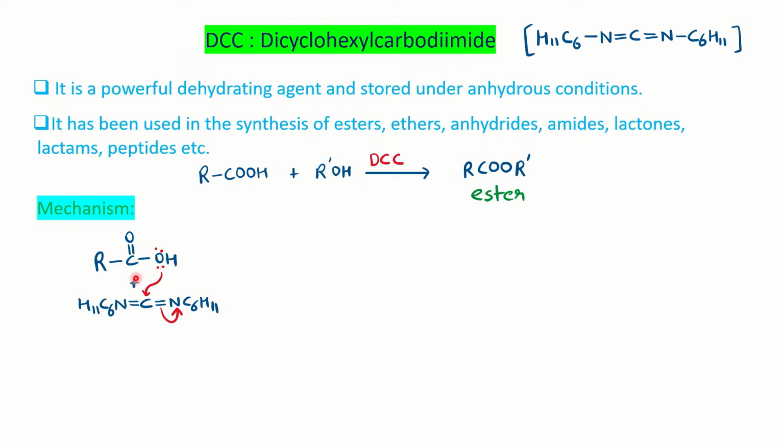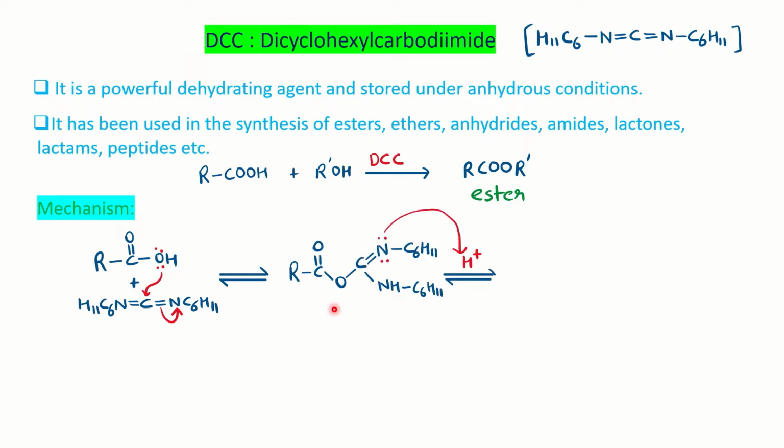So first we will react the DCC with the acid molecule. You have a nucleophile in the acid, oxygen, and the carbon in DCC is an electrophilic center. So the reaction will take place between these two and will give you this intermediate, which will form a bond. It takes H plus in acidic condition and gives you another intermediate.